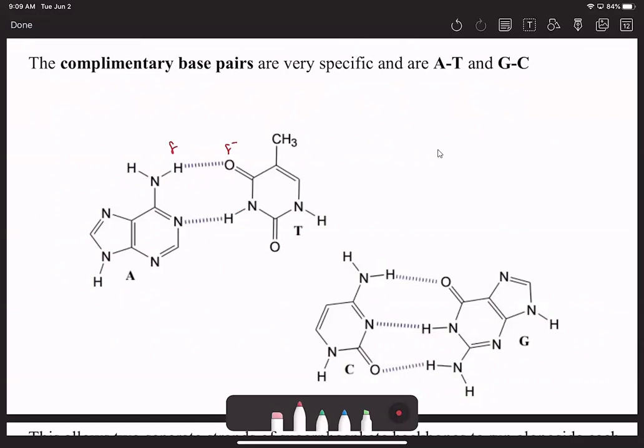Partially negative, partially positive, partially negative. Because we have these partial charges on here, we're going to be able to make hydrogen bonds between these nitrogen bases.